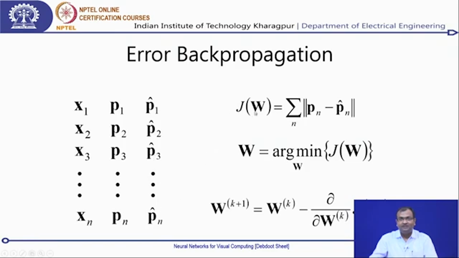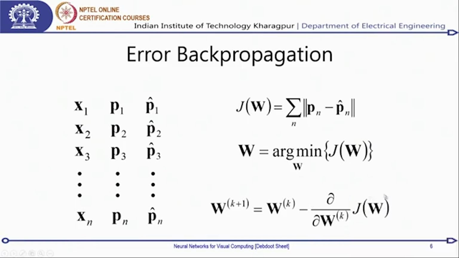From there I get my J(W), and accordingly I can solve this differential equation, which is a partial derivative of the cost function with respect to my weight at that particular instant. Once I am able to get this partial derivative, I will just subtract it and get my new estimate of weight, which is my W of k plus 1.